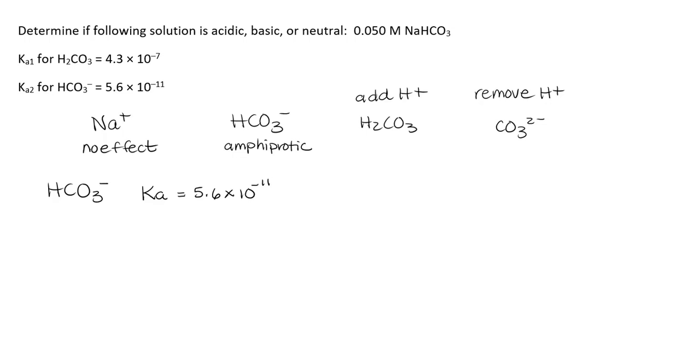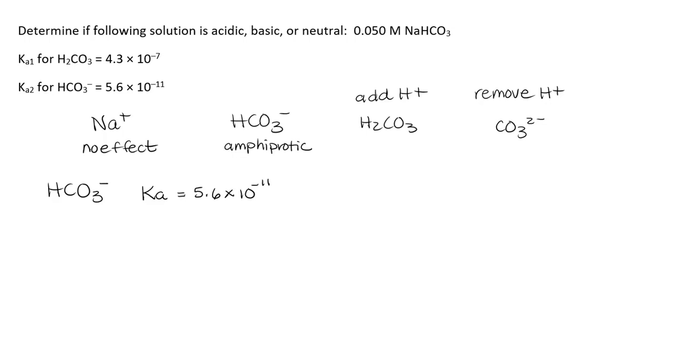Now, as I've listed the Ka values here within this problem, you can see that they're noted as Ka1 and Ka2. We don't need to worry about whether it's a Ka1 or Ka2. We're assessing bicarbonate in a very specific way for this problem. So bicarbonate as an acid, in other words, it's able to donate a proton, has a Ka value of 5.6 times 10 to the negative 11. That part is actually pretty straightforward. It's the next part that can get tricky.